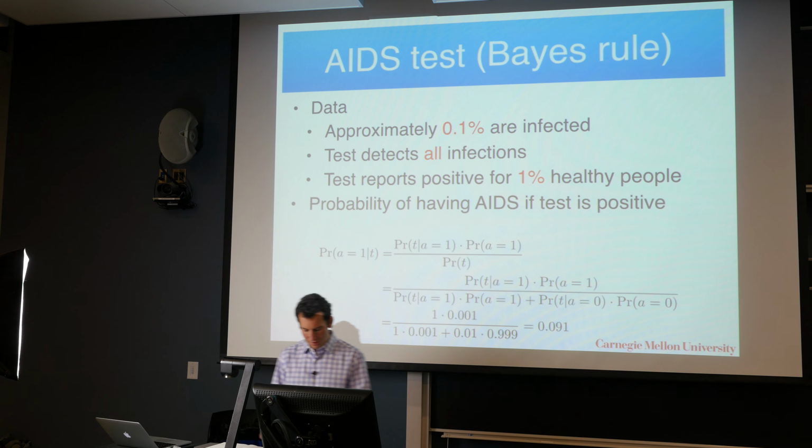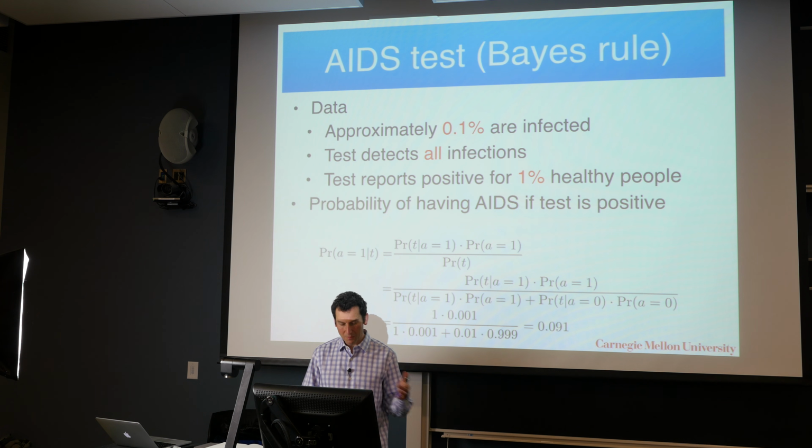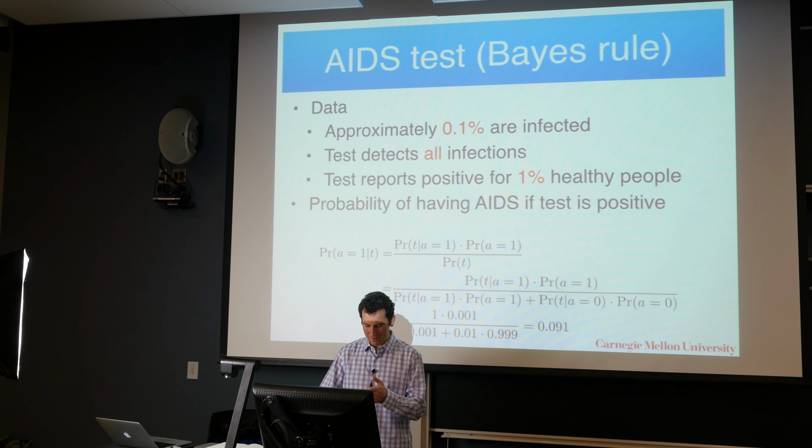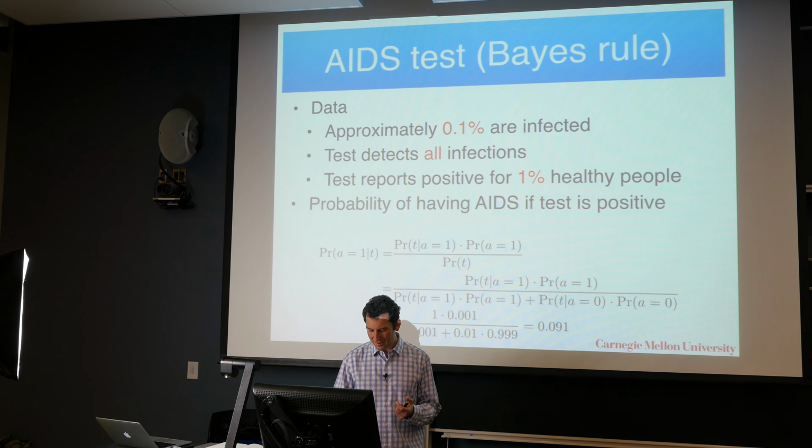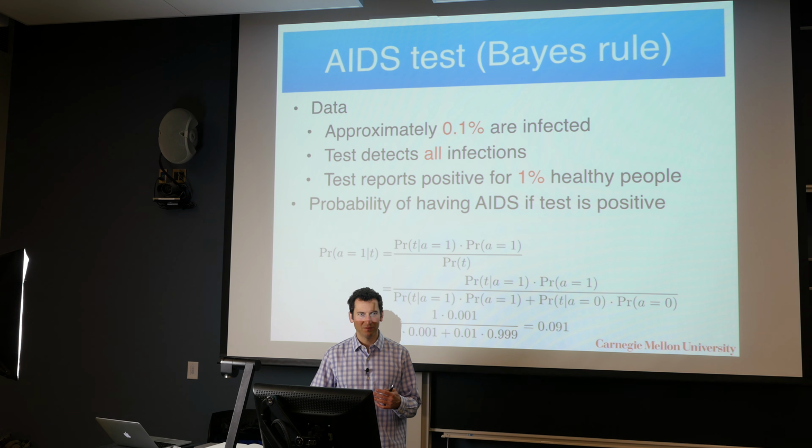Well, first of all, let's look at P of AIDS given test. That's what I'm after. So by Bayes' rule, this is given by P of test given that the outcome is AIDS, times the prior probability of me having AIDS, divided by the probability of the test coming back as positive. Right?